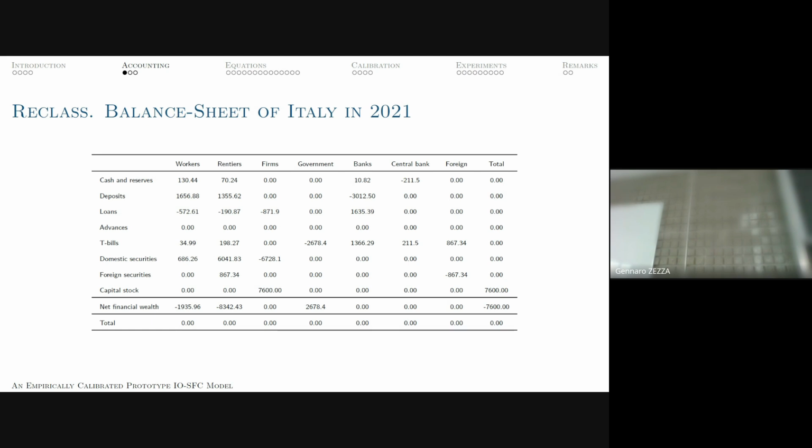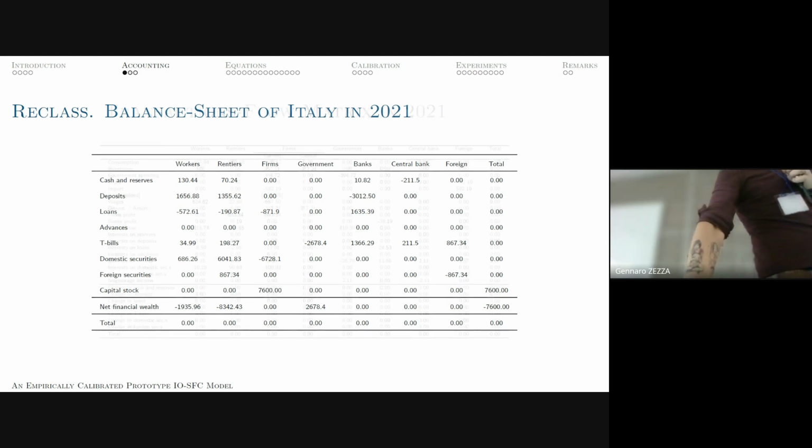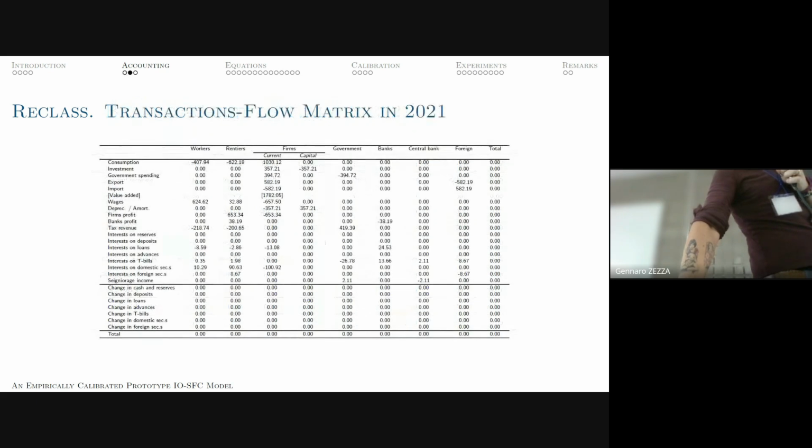The accounting is highly simplified compared with the standard accounting, because entries have been reclassified. You reduce the density of the matrix and therefore also reduce the complexity of the model. So this is the balance sheet, and this is the transactions flow matrix. Again, quite simple.